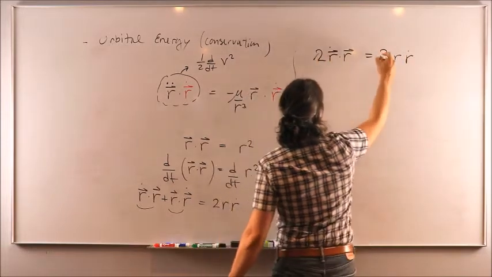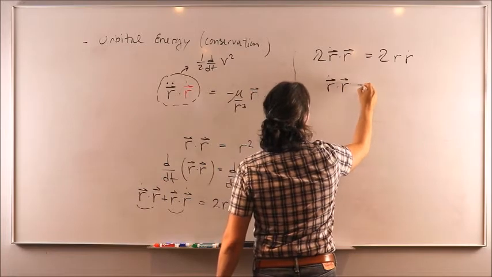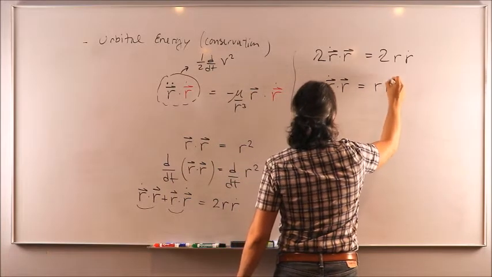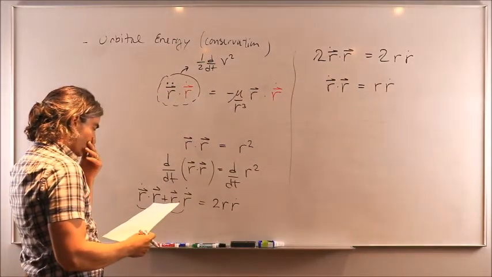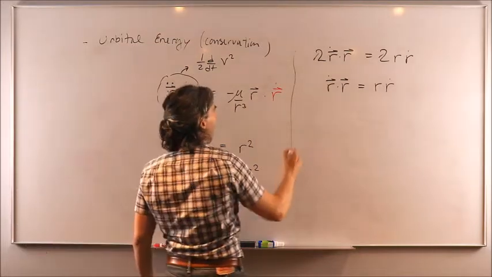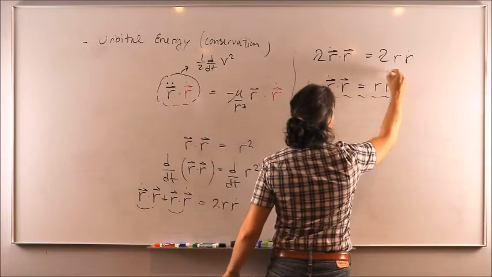You can cancel the 2 and say that velocity dot position is equal to distance times speed. All right, let's keep that in our back pocket. This is an intermediate result.